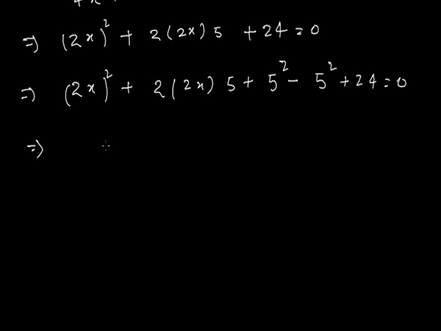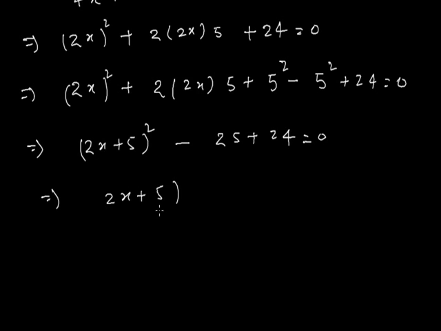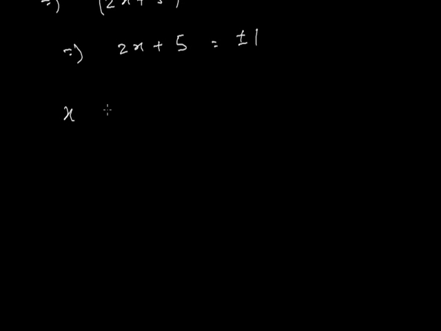Now we see that we find 2x plus 5 as a complete square and the remaining terms like this. So 2x plus 5 equal to plus minus 1, and x equal to plus minus 1 minus 5 upon 2.